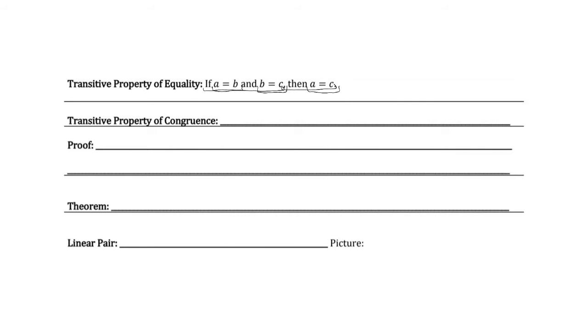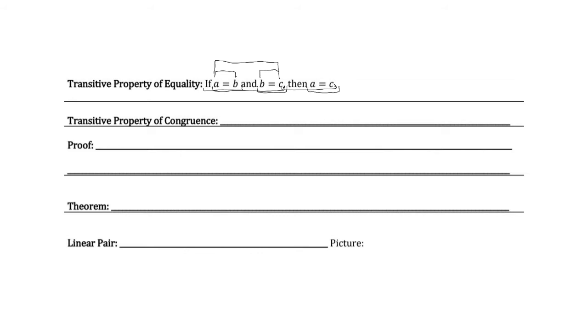If the first equals the second, and the second equals the third, then the first equals the third. Now we have a property of congruence, so we use this when talking about congruence of segments and angles and things like that.